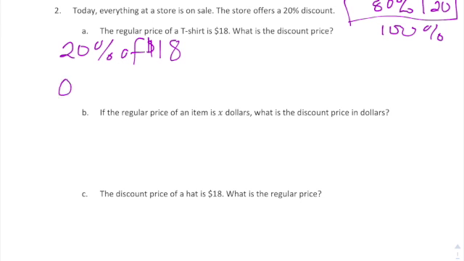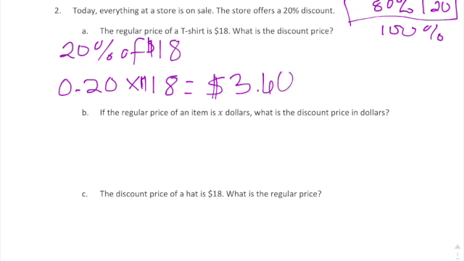So again, I change this to a decimal. I multiply, and I keep my 18 the same way it is. So I get $3.60. So now, step 2 is I need to take my $18 and subtract my $3.60.